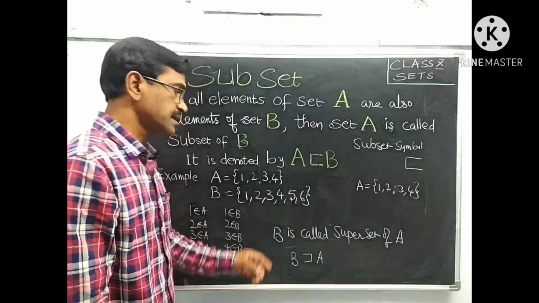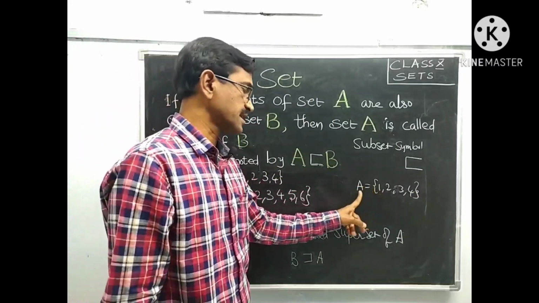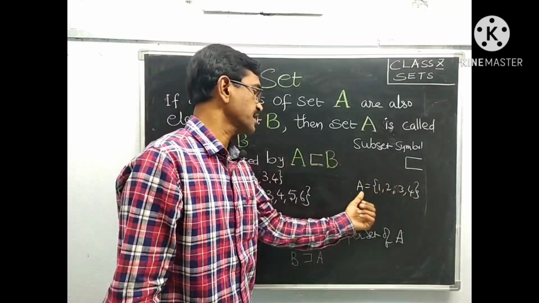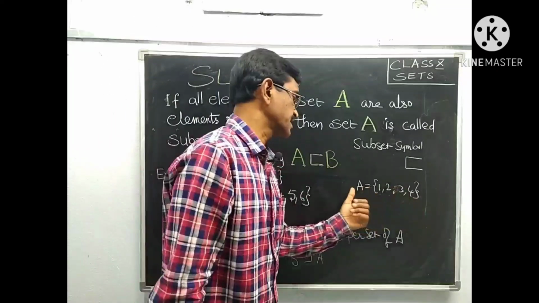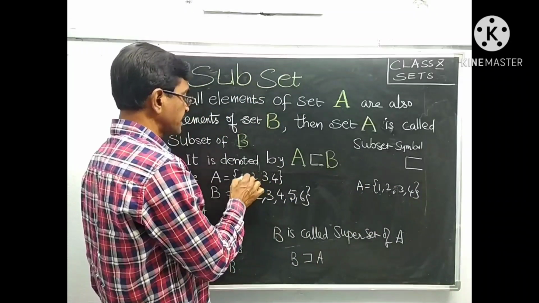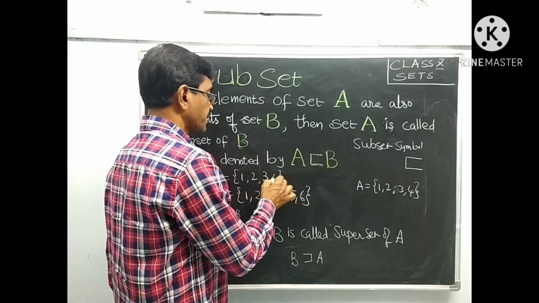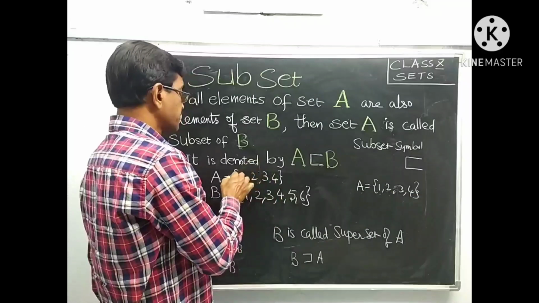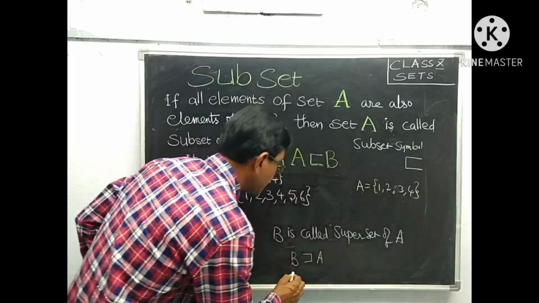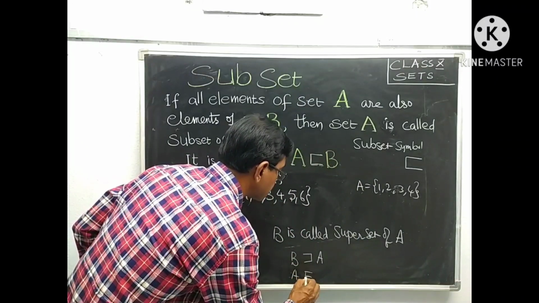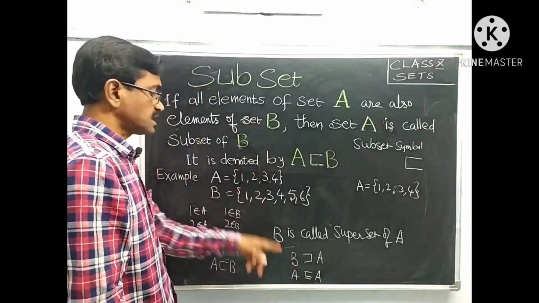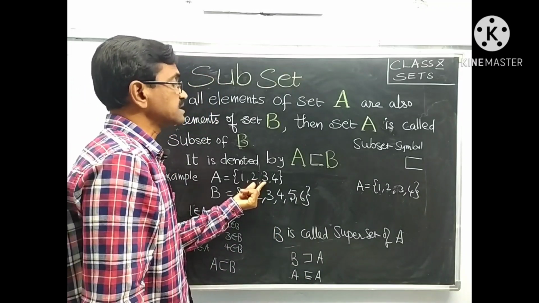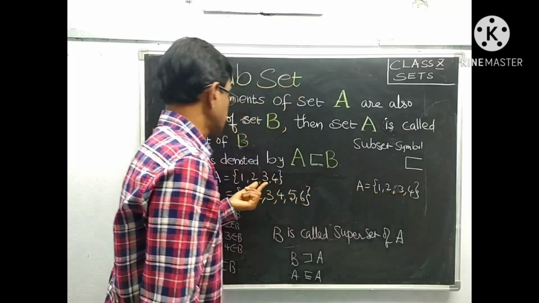If you observe here, 1 belongs to A and 1 belongs to A, 2 belongs to A and 2 belongs to A, 3 belongs to A and 3 belongs to A, 4 belongs to A and 4 belongs to A. Therefore, every element of A also belongs to the other set A. Then A is a subset of A. Both are equal sets, because all elements are the same in the other set.